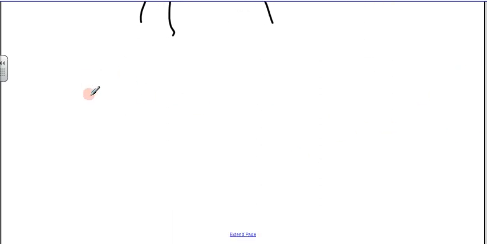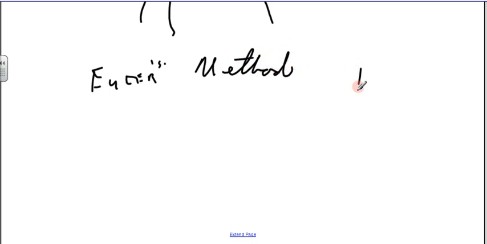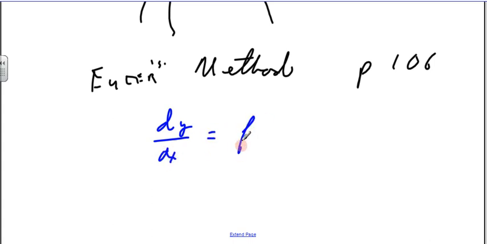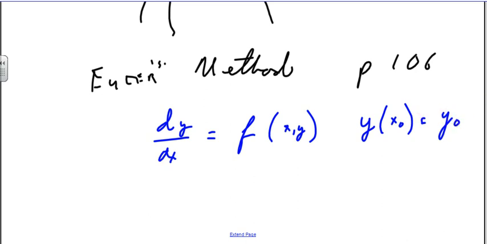In this particular section, we're using Euler's method, and it's on page 106. It says that if I have some slope, some differential equation, where some function of x and y is equal to that, and I know a starting point, then I can use this method.